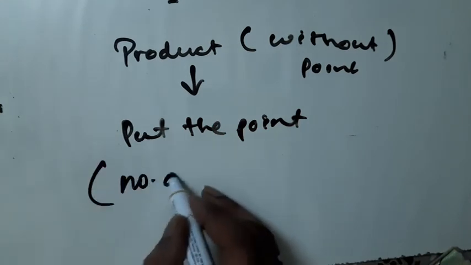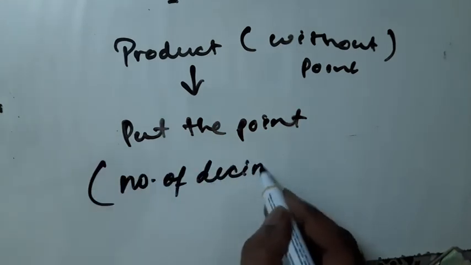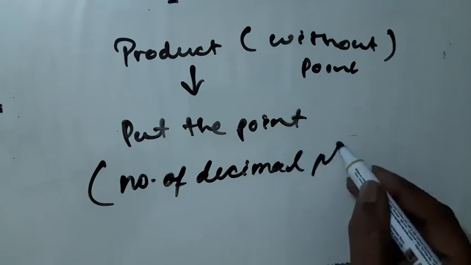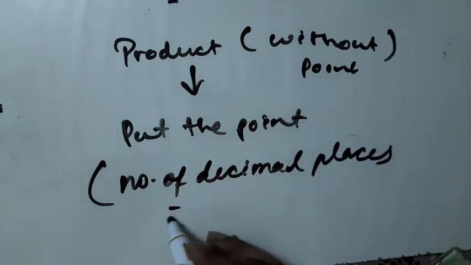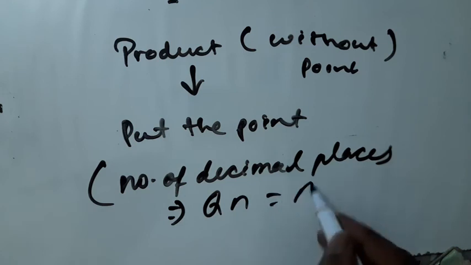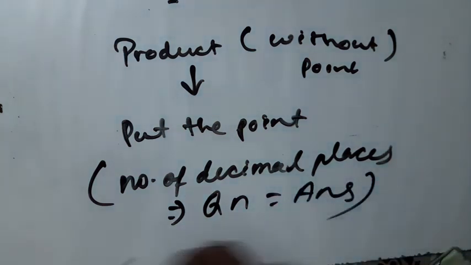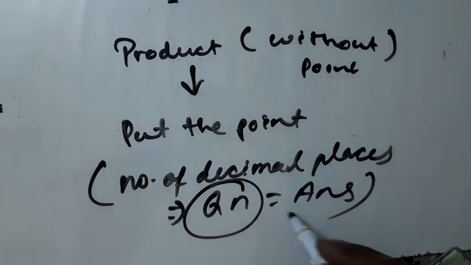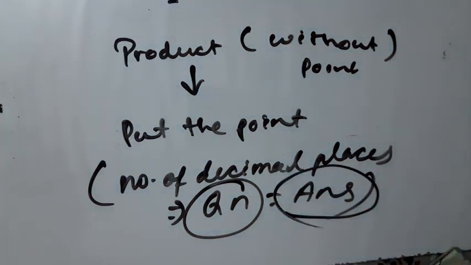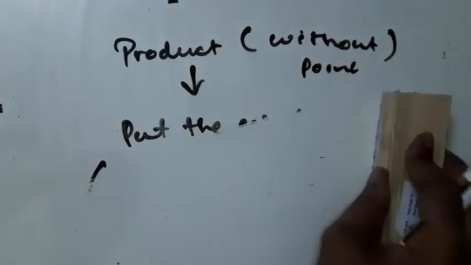The number of decimal places in the question must be equal to the number of decimal places in the answer. So you have to find the total number of decimal places in the question, and according to that you have to put the point in the answer. In this way we can perform the multiplication of decimals with another decimal.